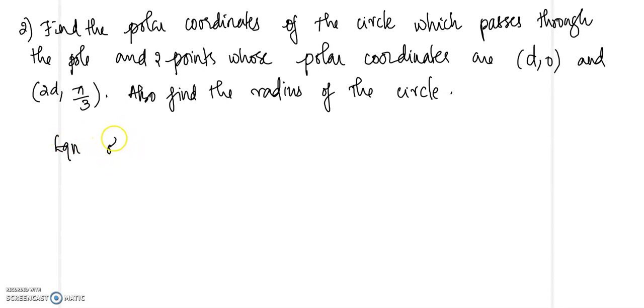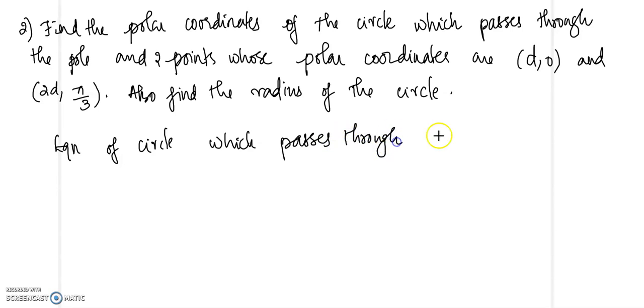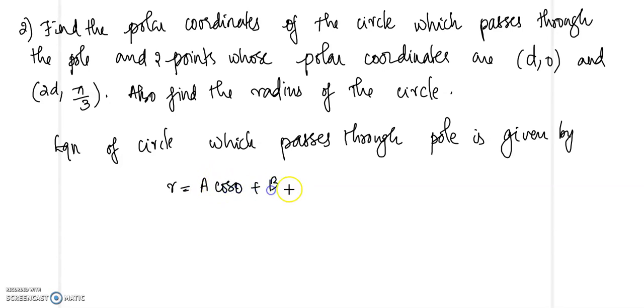So equation of circle which passes through the pole is given by r equal to a cos theta plus b sin theta. And now we are given 2 points on the circle.